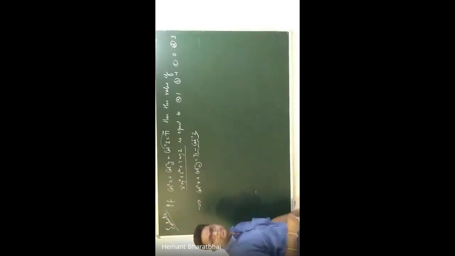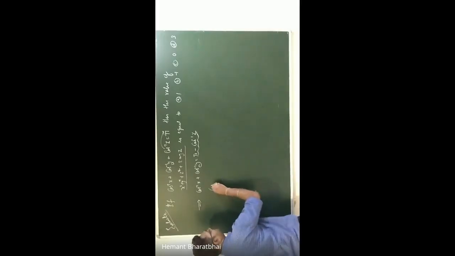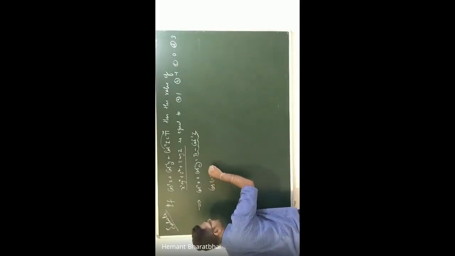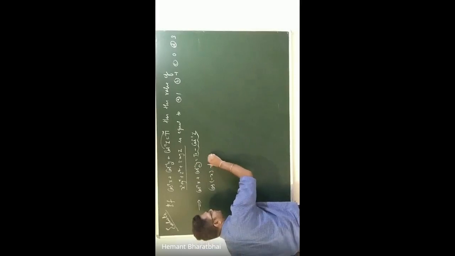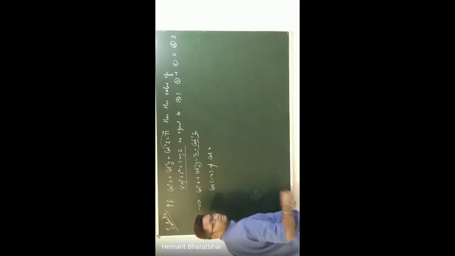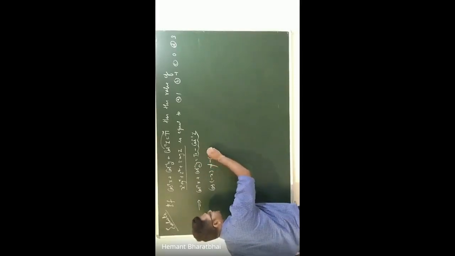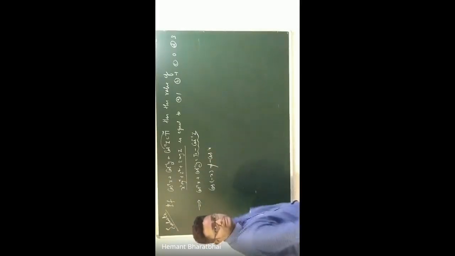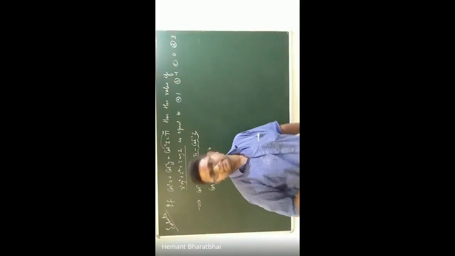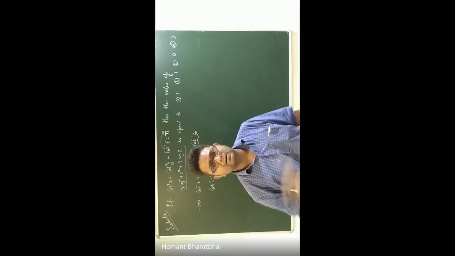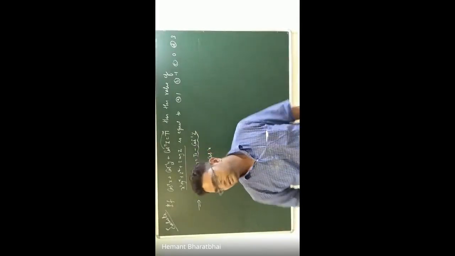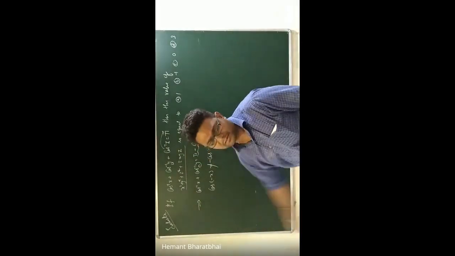So now if you remember, cos inverse of minus x is not cos inverse of x. It's not even minus cos inverse of x, because if you remember the graph, it is neither odd nor even. So this formula could not be applied.